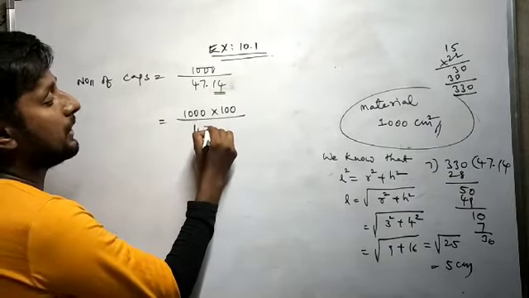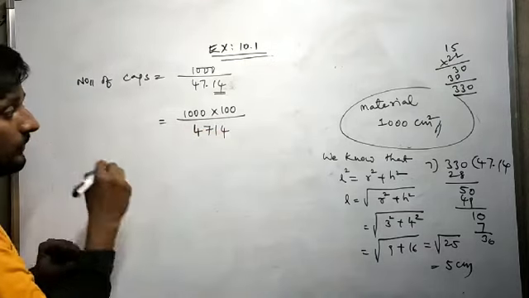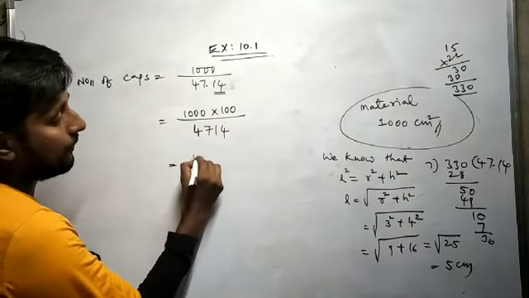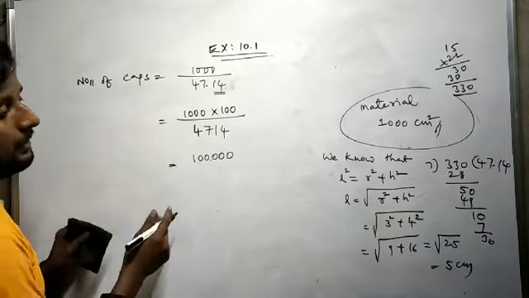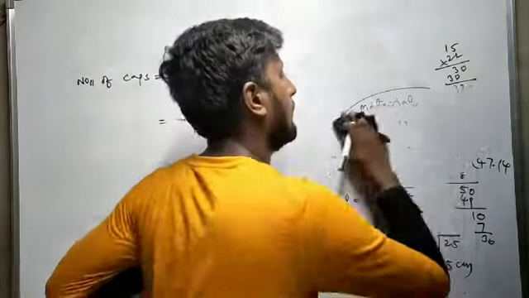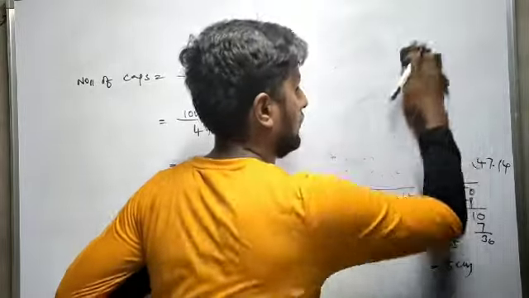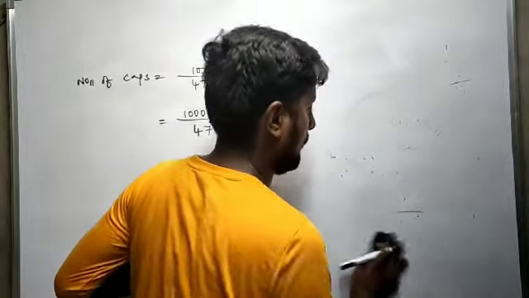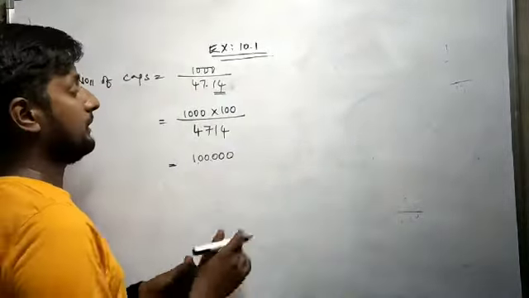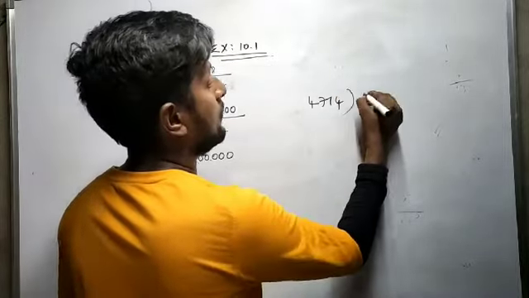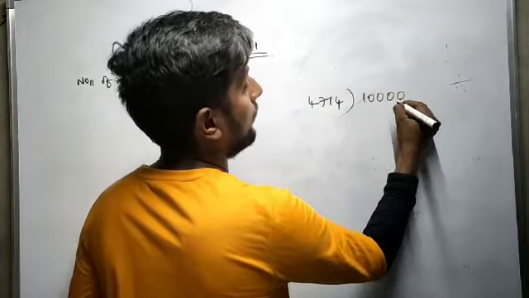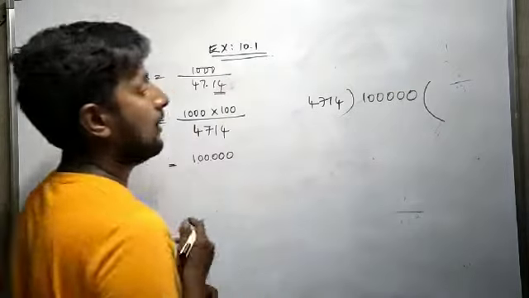So simply I can write 4714. Overall we have 5 zeros. Am I right? Correct? Right. 4714, 1 2 3 4 5 zeros.